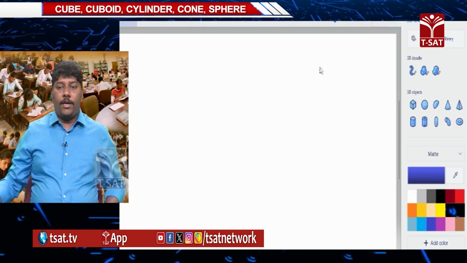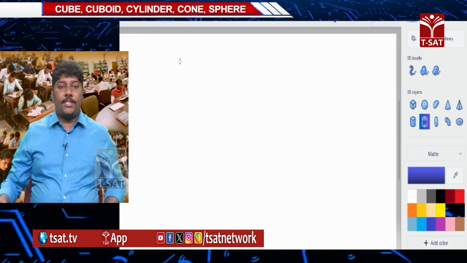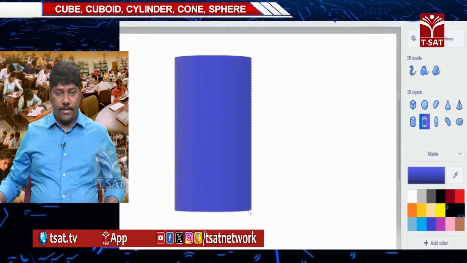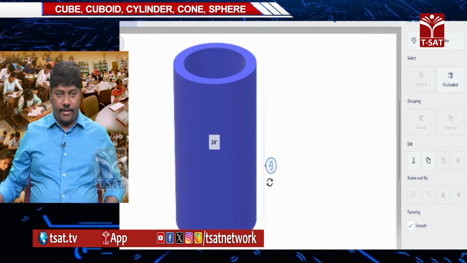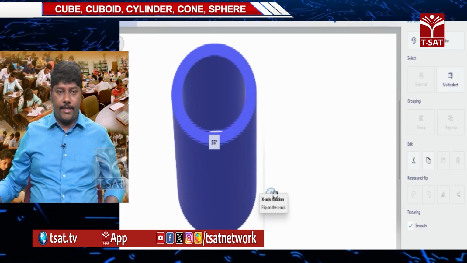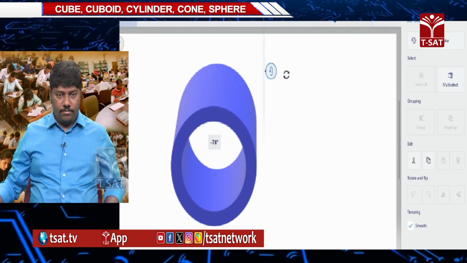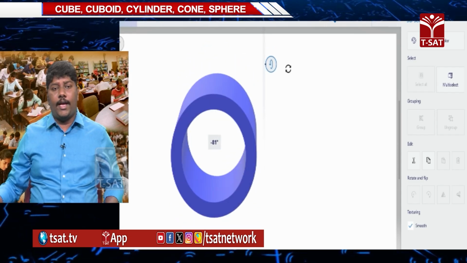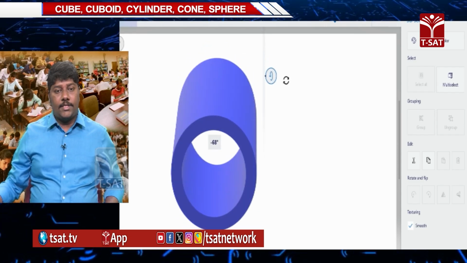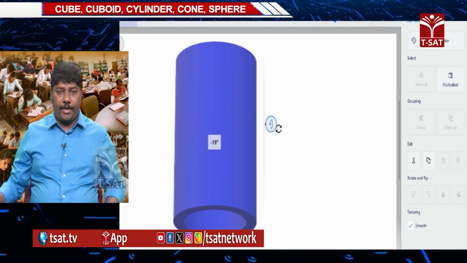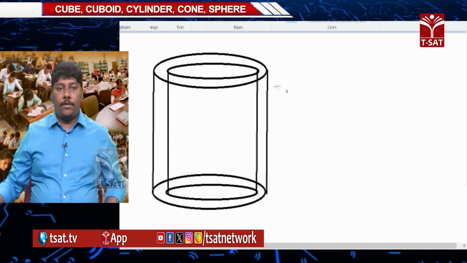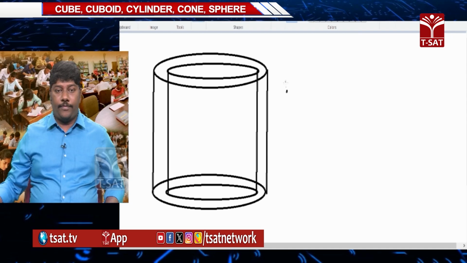Now, we also find out about the hollow cylinder. So, this is actually the hollow cylinder. Hollow cylinder means empty inside like this, which will have certain thickness. You can see this cylinder has a thickness. It has an inner radius and outer radius. All you have to see is, how do we find this? So, for the hollow cylinder, how do I find the lateral surface area?